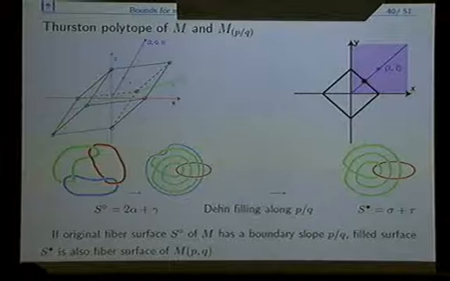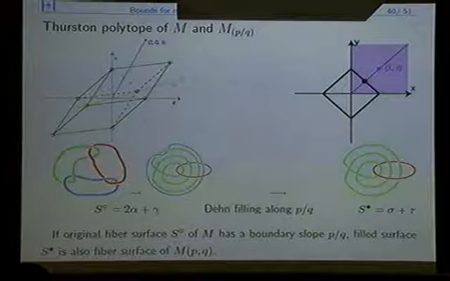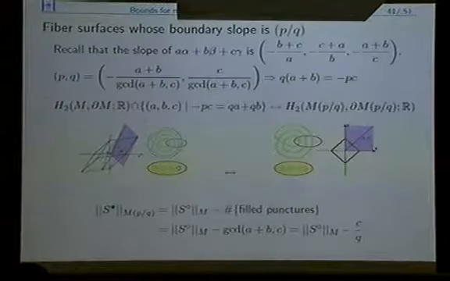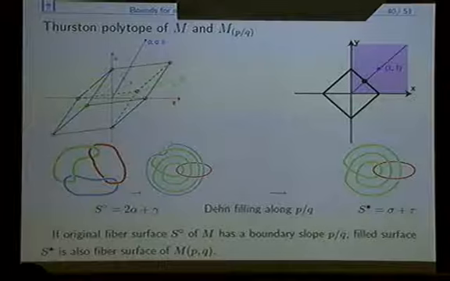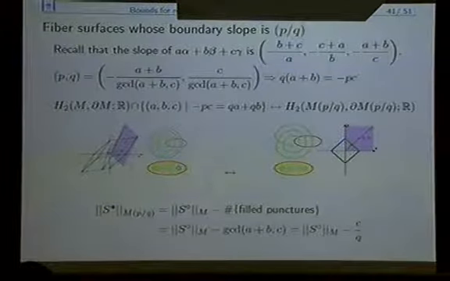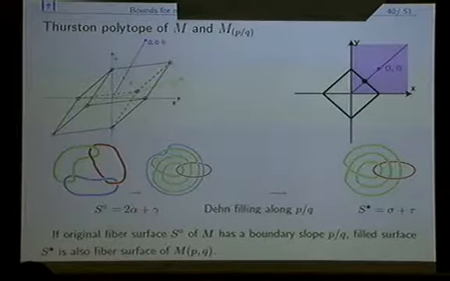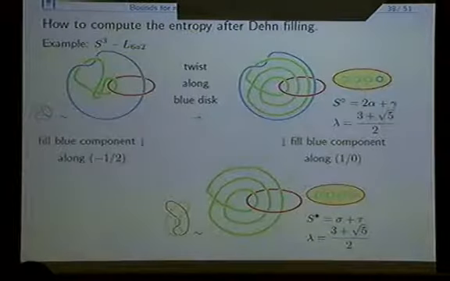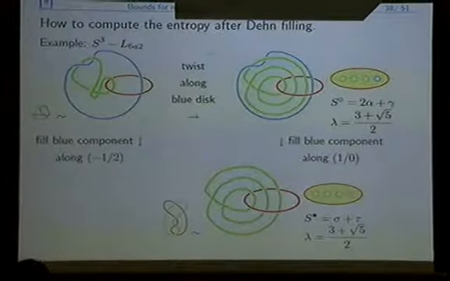So we wonder what around here corresponds to, but it's easy to determine because this type of surface has boundary slope just the surgery slope.